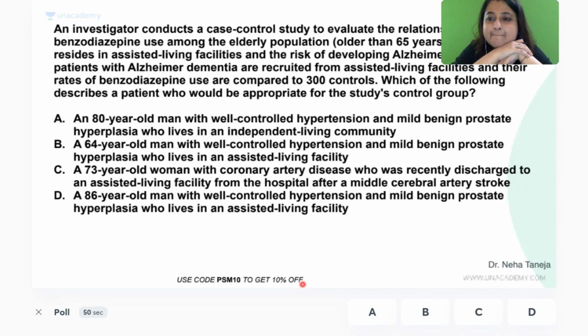Think, guys. Nobody has answered correctly so far. Okay, I think one person got it. Anisha and Sachin have got it.